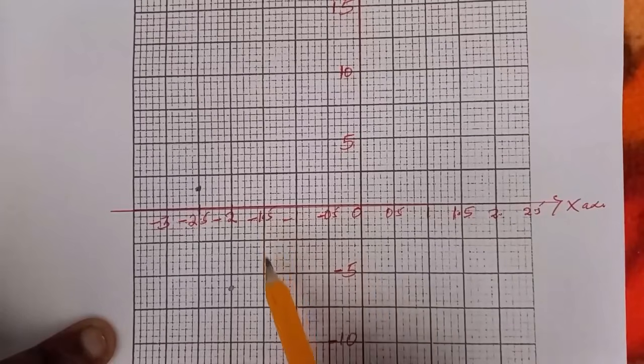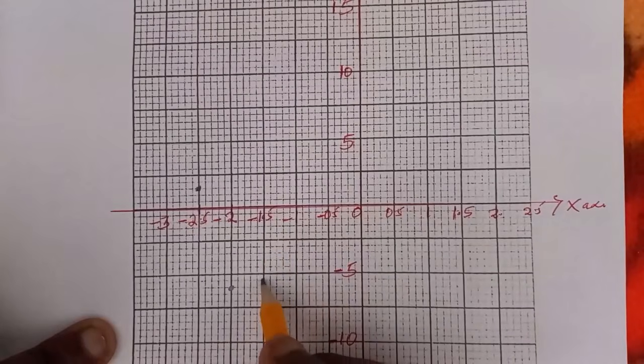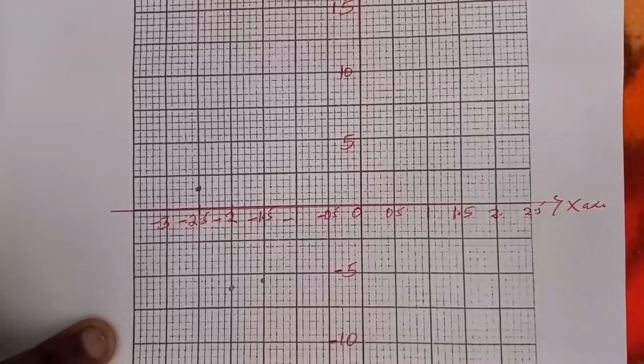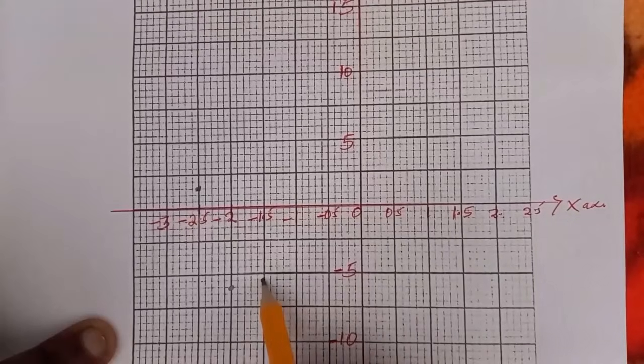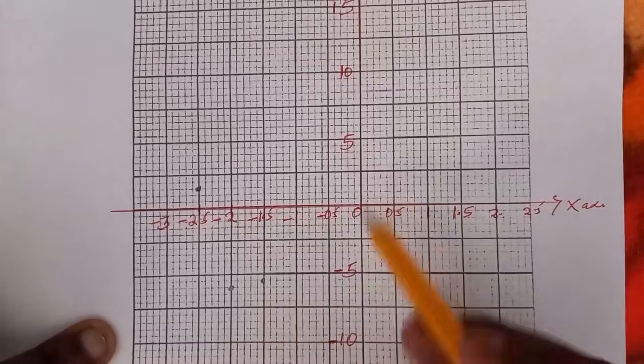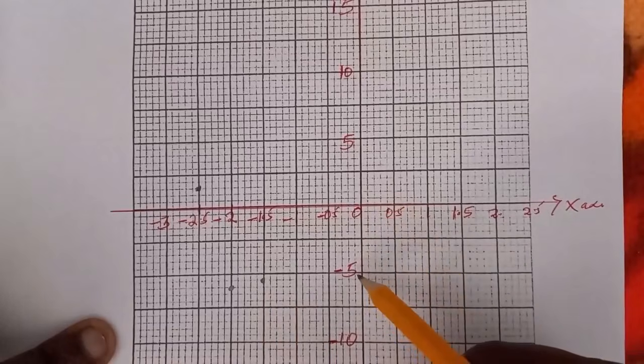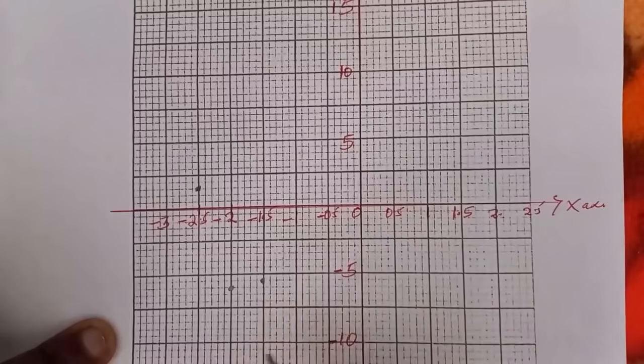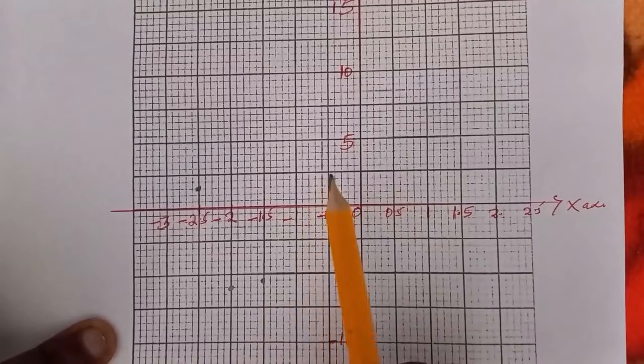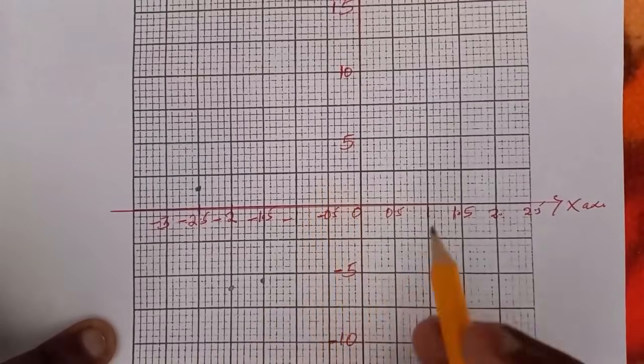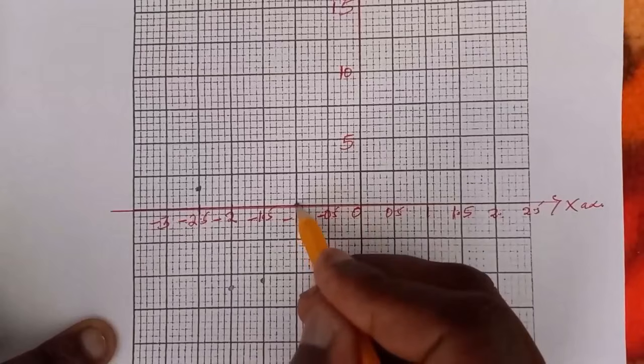Negative 5.5, so this is negative 5, negative 5.5 is here. Understand the scale. On the y-axis, the size of one small square is 0.5. The next one is negative 1, 0. Negative 1, 0 will be there.